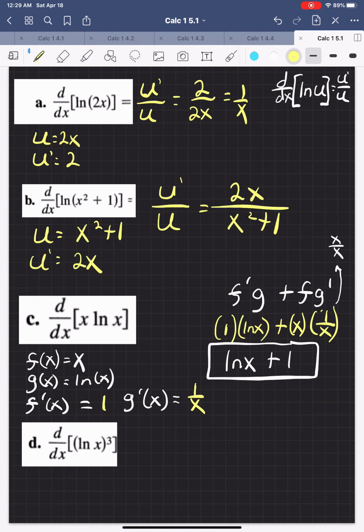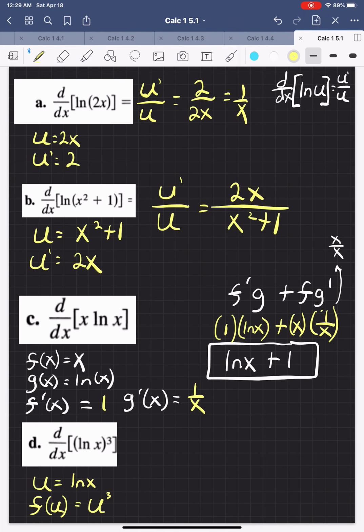All right, last one. Ready? So looks like we have the derivative of ln x to the power of 3. Now, in this case, you would want to think about the chain rule. You would want to think about u, in this case, being ln of x, then f of u being u to the power of 3.